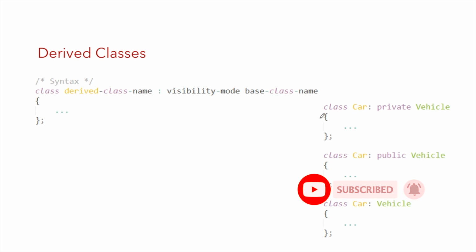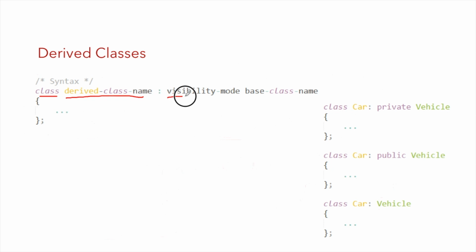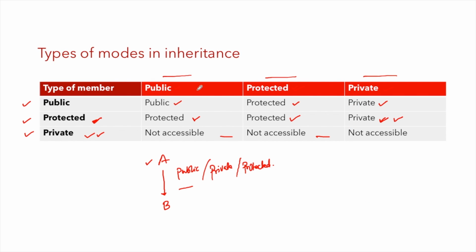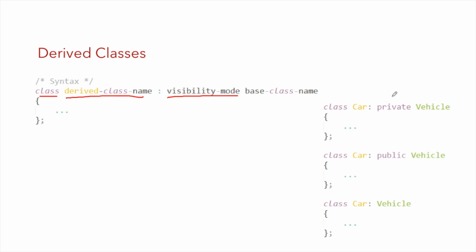Now we'll talk about the derived classes. So how to derive a class? When you want to inherit a class, the syntax is you write class, then your derived class name, then you write your visibility mode. So you can have visibility mode as public, protected, and private, then your base class name.